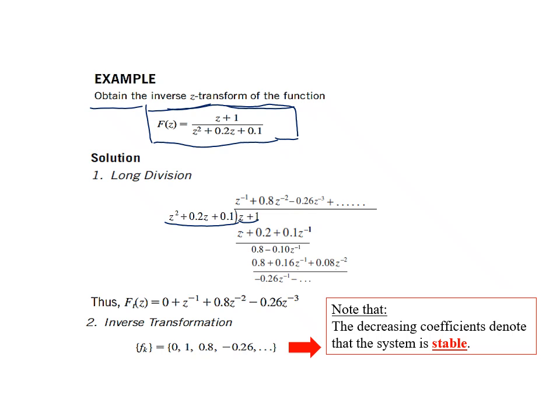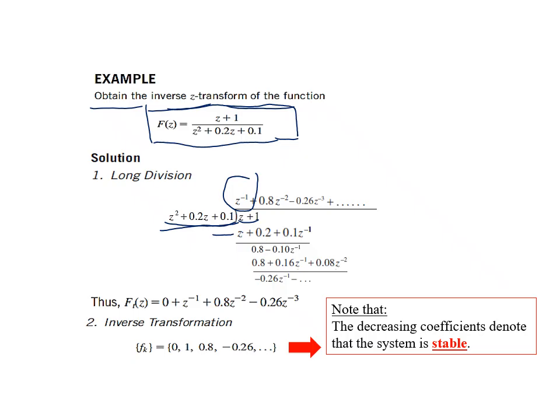We divide the first term, which is z, divided by z squared, we get z power negative 1. Then we multiply z power negative 1 by z squared plus 0.2z plus 0.1. We get z plus 0.2 plus 0.1 z power negative 1. Then we subtract z plus 1 minus all these.